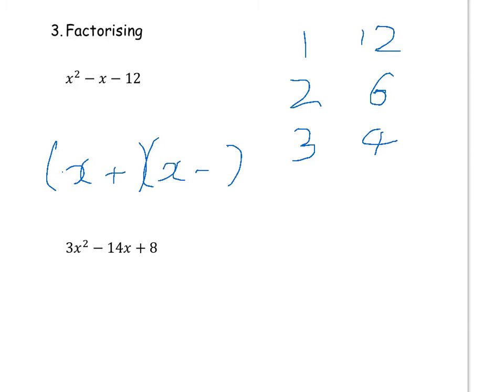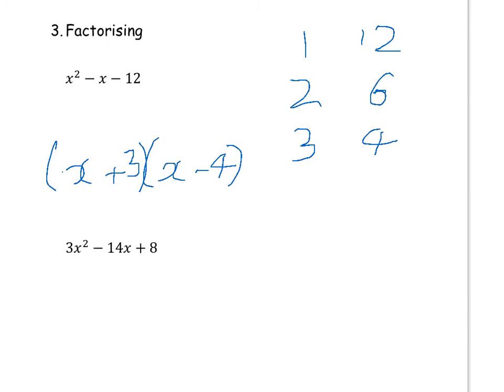So that doesn't work. 6 minus 2 would be minus 4, and 2 minus 6 would be minus 4, and 3 minus 4 is minus 1, and 4 minus 3 is 1. Now you should have noticed there that 3 minus 4 gave us minus 1. So in our bracket, the positive number is the 3, and we're taking away the 4. And you can always check that's right by expanding it and seeing if you get that.